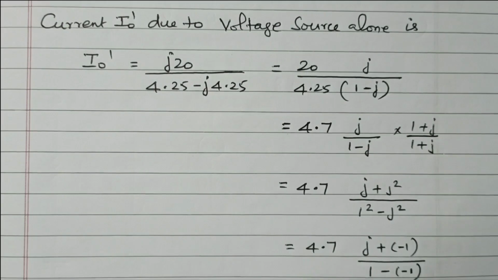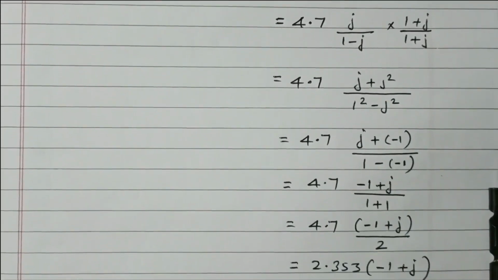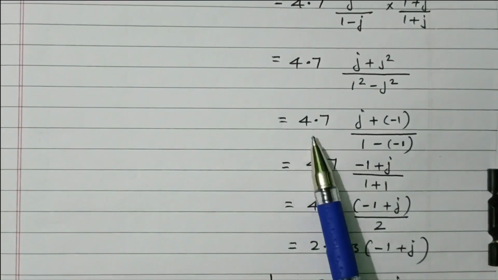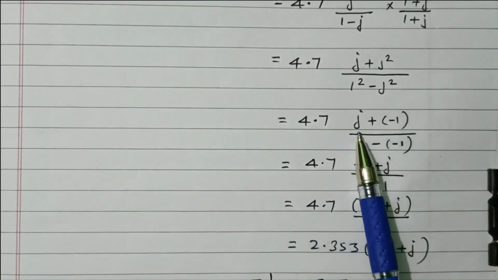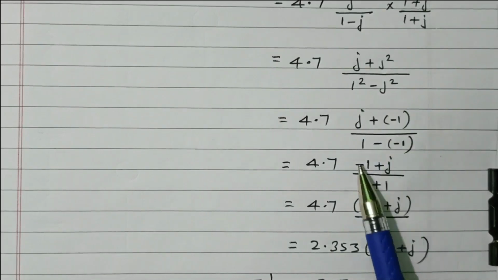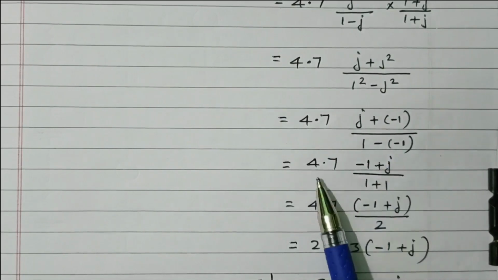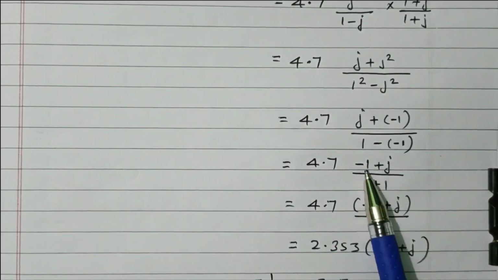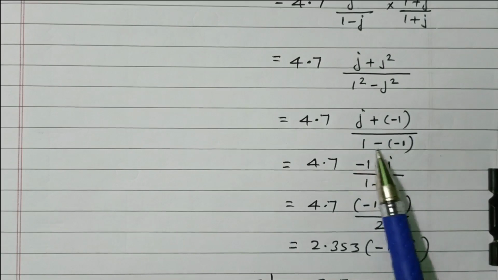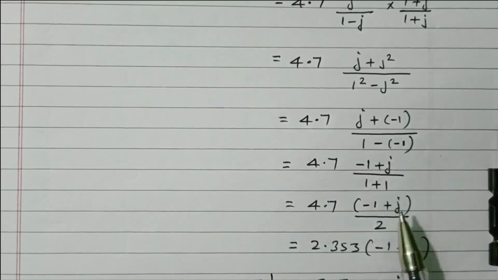Right? Now we can go for further simplification. So 4.7 into this: j is taken, j plus this j square is minus 1. Similarly, 1 minus this j square is minus 1. So 4.7 times minus 1 plus j, and 1 minus of minus 1 becomes 2.